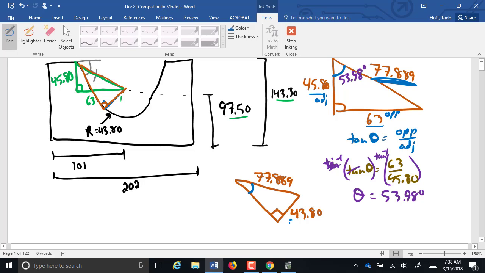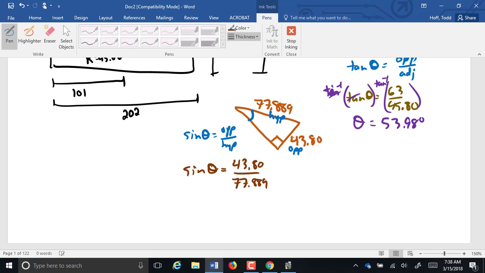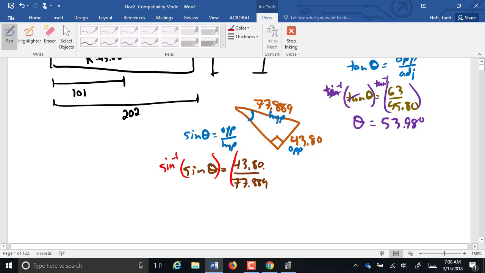That angle, this is the opposite side. This is the hypotenuse. That angle, opposite over hypotenuse, is going to be sine. So fill in the information. Sine of the angle is going to be the opposite of 43.8 over the 77.889. And yes, we are going to do an inverse sine because we're looking for the angle. 34.218. Okay.